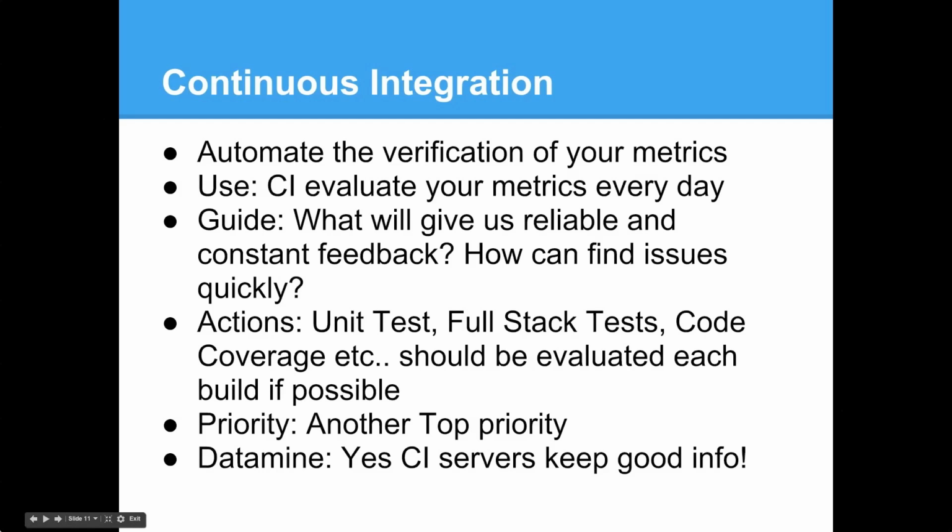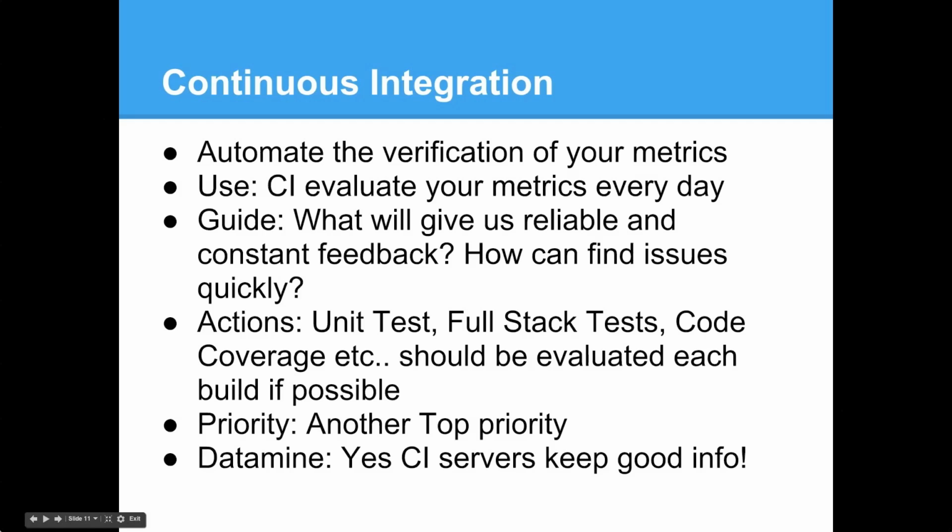Continuous integration is typically an automated build server that will allow tests to run and allow you to get notifications about various metrics. This is nice because you can automate the collection of your metrics and get those metrics every day. You can retrospect and find this to be useful by asking what will give us reliable and constant feedback.